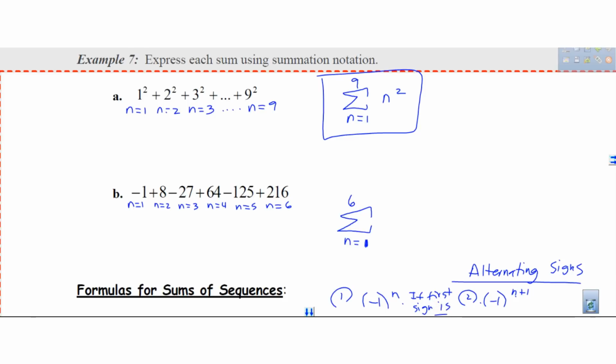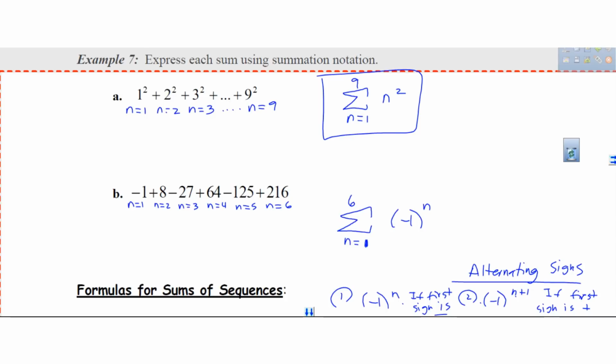The second formula you use if the first sign is positive, because 1 plus 1 is 2, a negative squared is a positive. Well, guys, our first sign is a negative. So now I can see that my formula is negative 1 to the n. Now that doesn't give you the number. All that does is give you the signs.